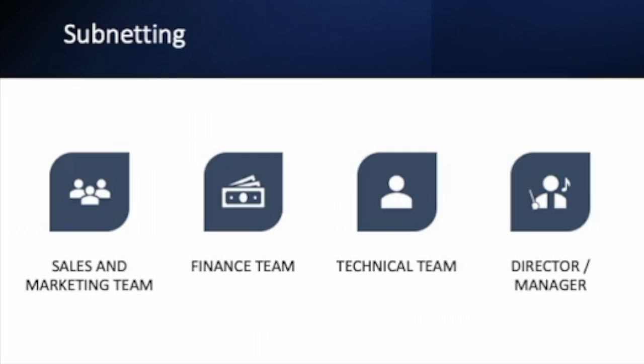They may also want functions like adding, removing, or updating the information of their colleagues, and assigning levels of access to each individual or group, like the sales and marketing team, the financial team, the technical team, or a team for directors or managers. They can do this by subnetting the network and protecting the sensitive data within each team.